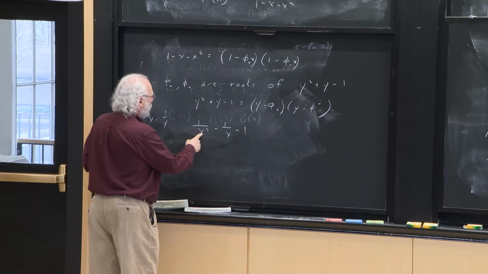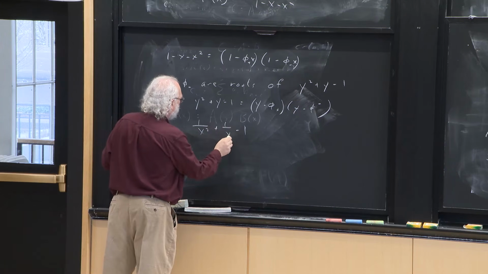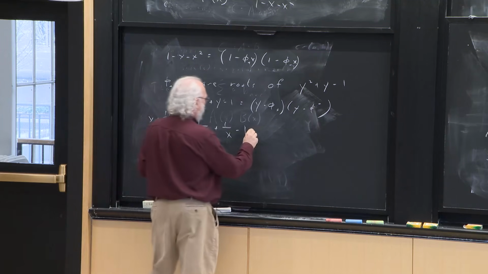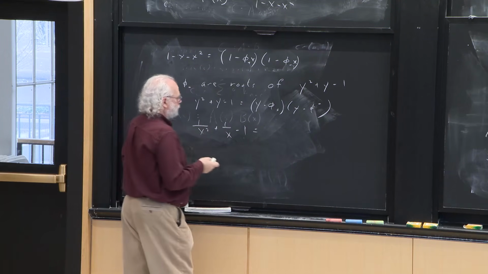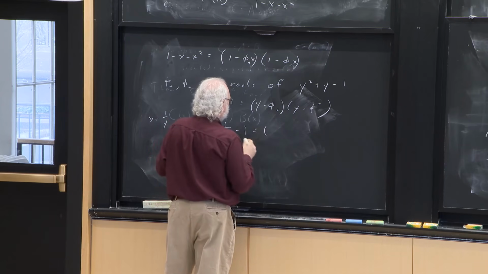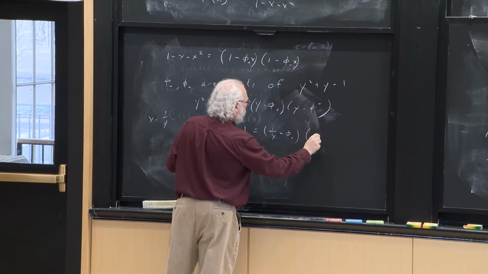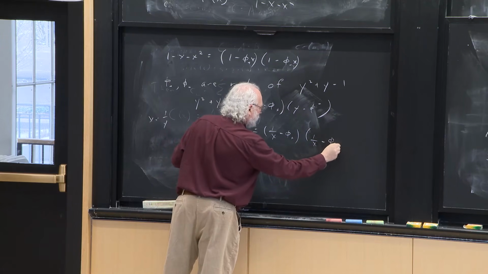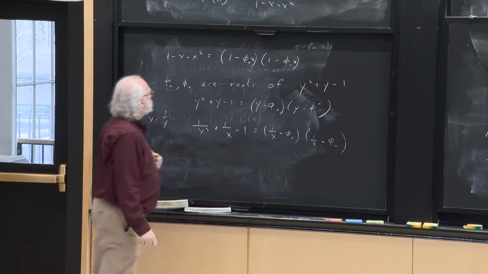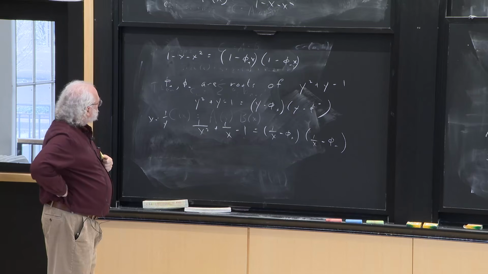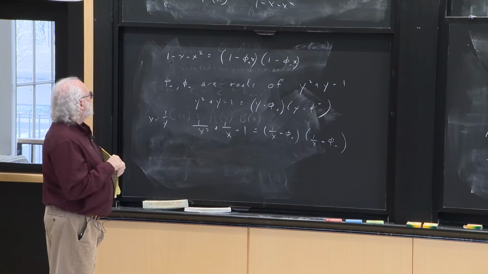And now 1 over x squared minus 1 over x minus 1 equals 1 over x minus phi plus times 1 over x minus phi minus. I think I've done something wrong.